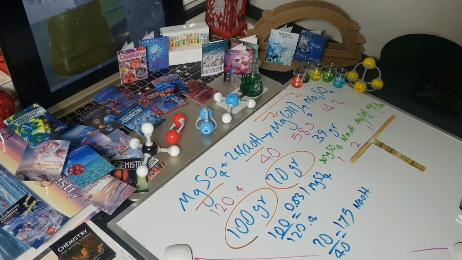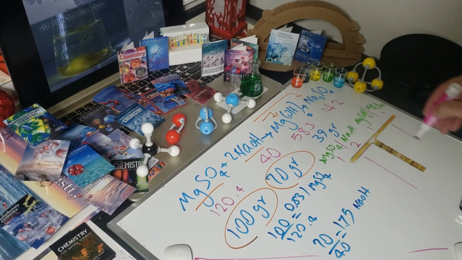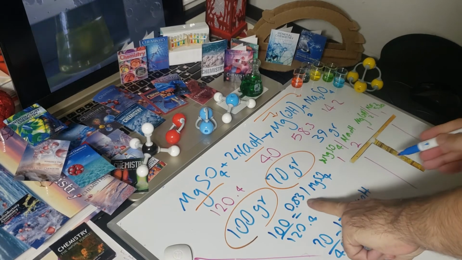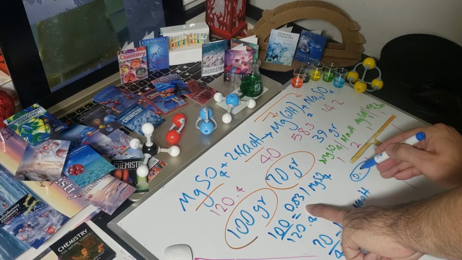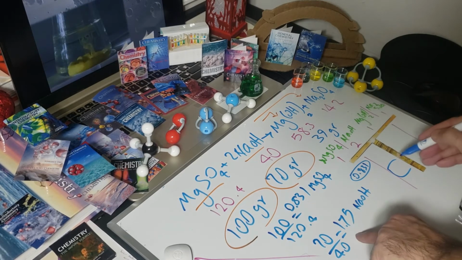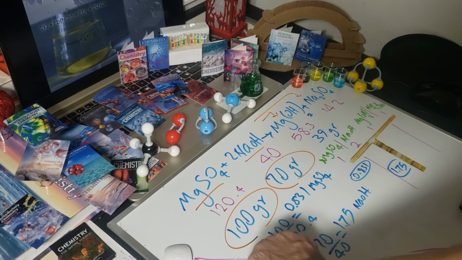So let's make sure that we have enough columns here, and we use our available amount of magnesium sulfate here, 0.831, and available amount of NaOH 1.75, and we go about these blank things again.